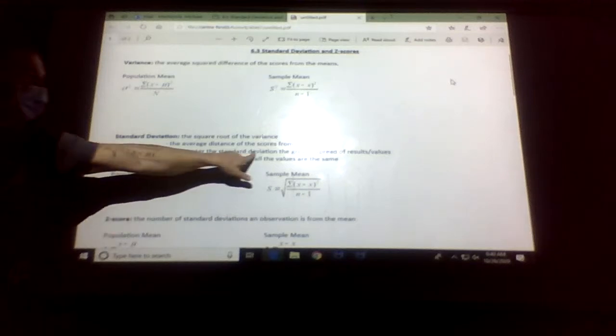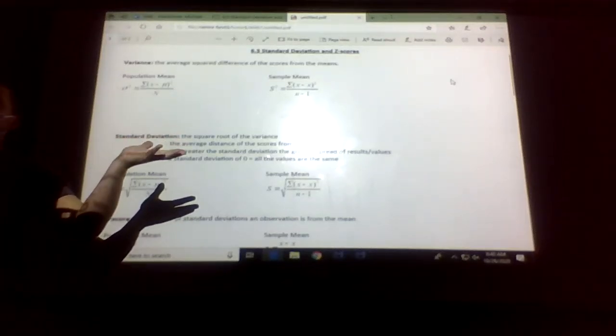Okay, the greater the standard deviation, the greater the spread of results. If you're measuring two things, the smaller the standard deviation, the better the results are, the more the two things are correlated. If you have a standard deviation of 0, that means all the values are the same.